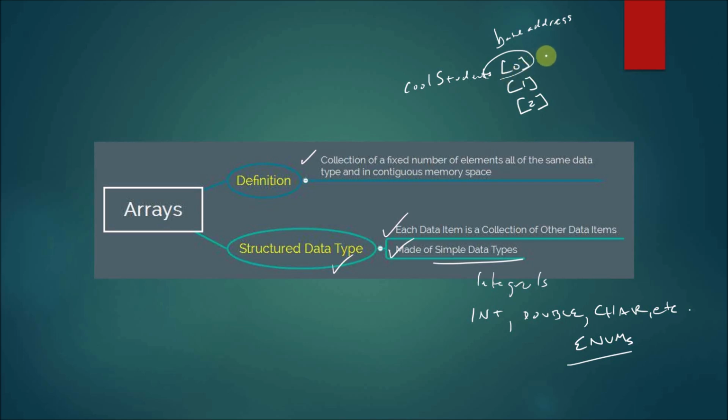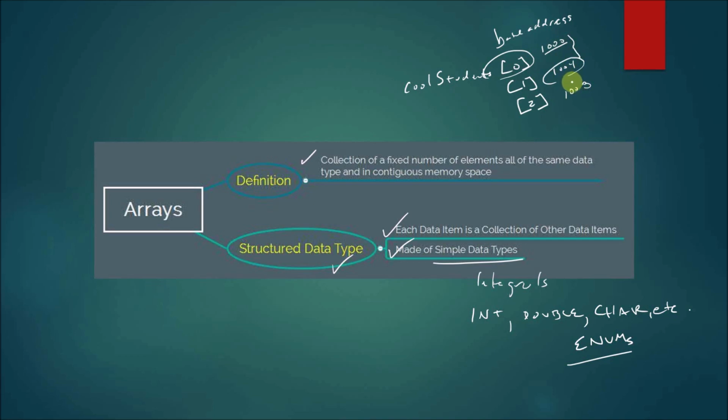When you have other int data types, this could be at memory location 1000, 1004, 1008, an int data type requiring about 4 bytes. So if you say I'm looking for cool students 1 here, it will note that the base address is 1000, take 1 multiplied times 4, and add that to 1000 to come up with the location of cool students 1.